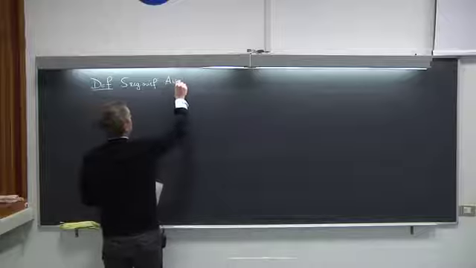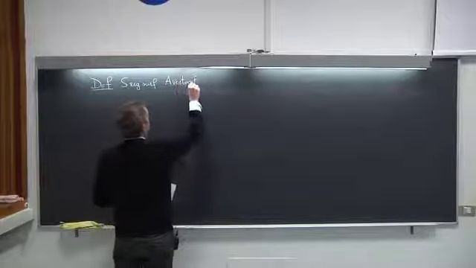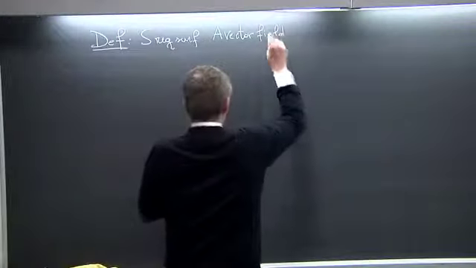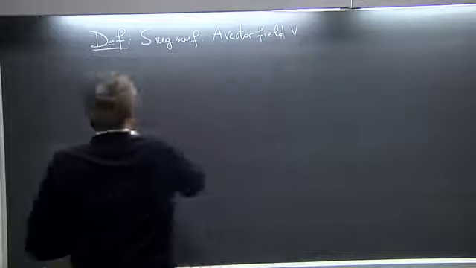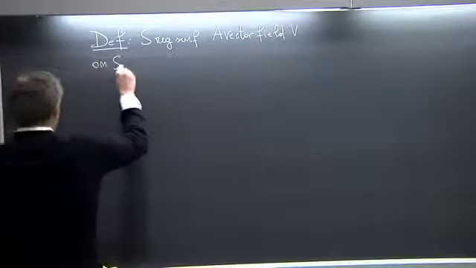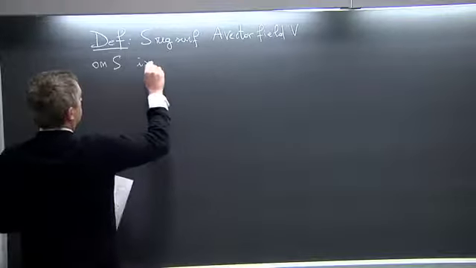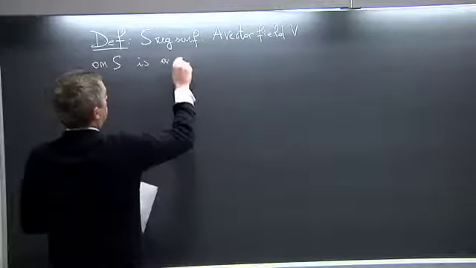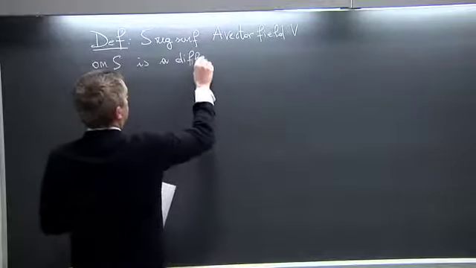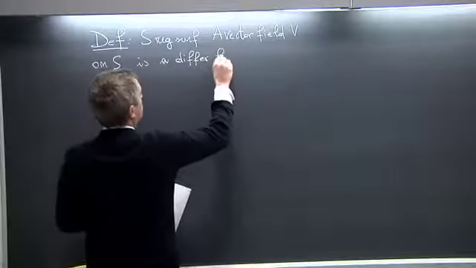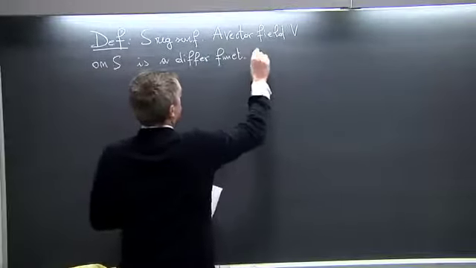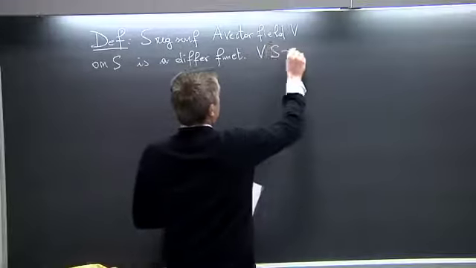So a vector field V on S is a differentiable function, and now we know what it means, V from S to R3.